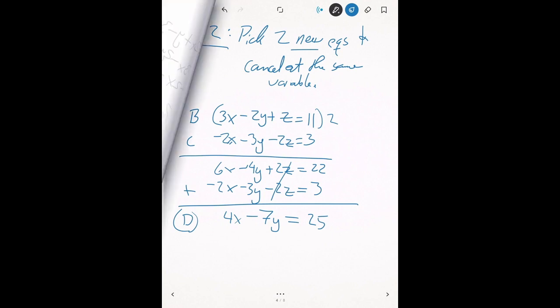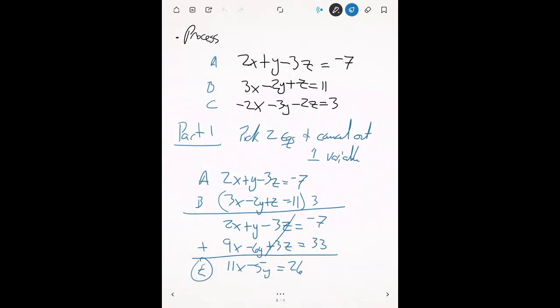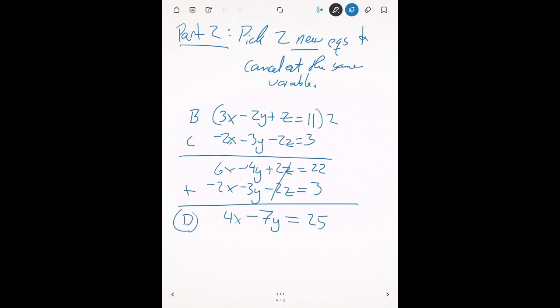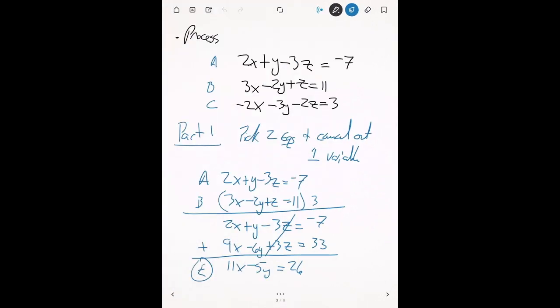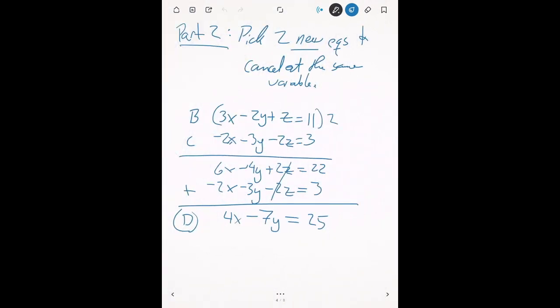So, in our previous work we got equation E, and in this work we end up with equation D. What do you think is going on here? Why am I combining all these to get an equation E, and combining all of these to get an equation D?